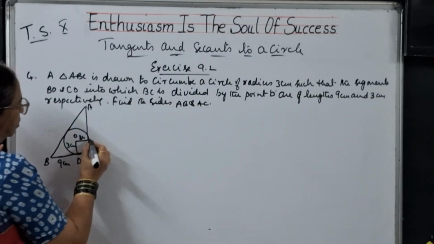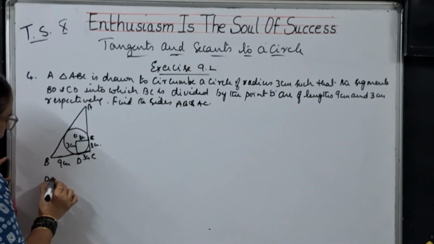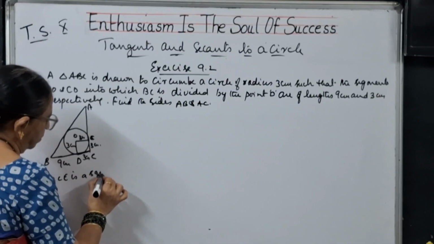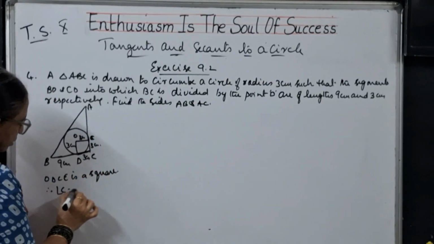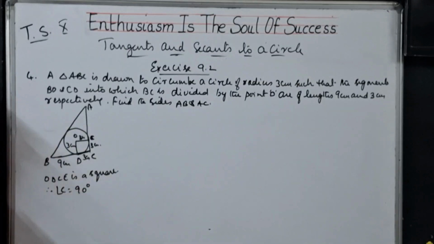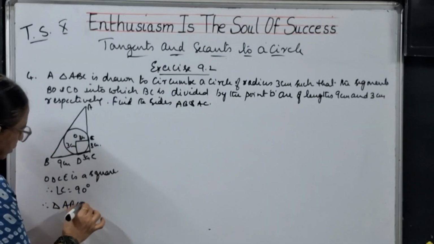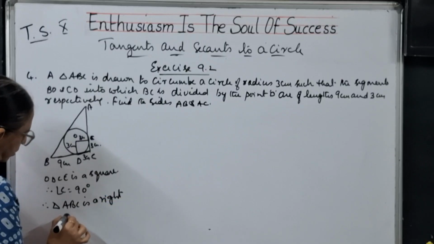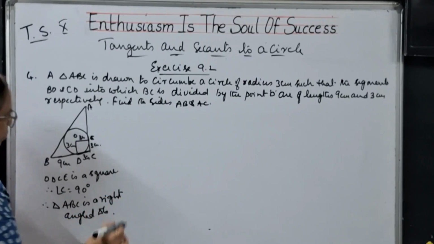Let me call this E. I can say that ODCE is a square. Therefore, angle C is equal to 90 degrees. So this angle is 90 degrees. That means triangle ABC is a right angled triangle.